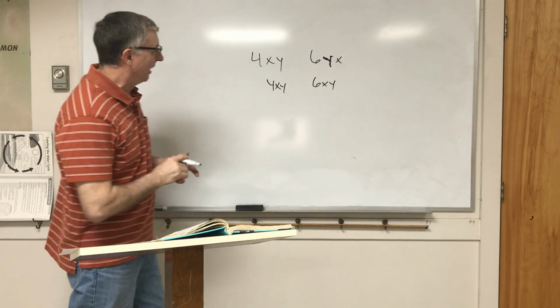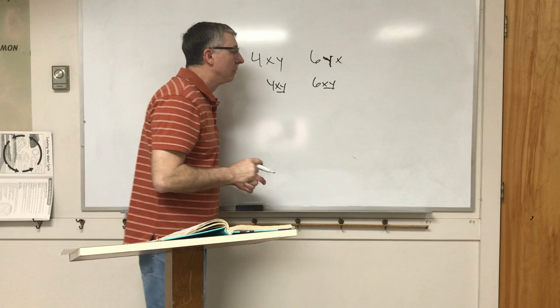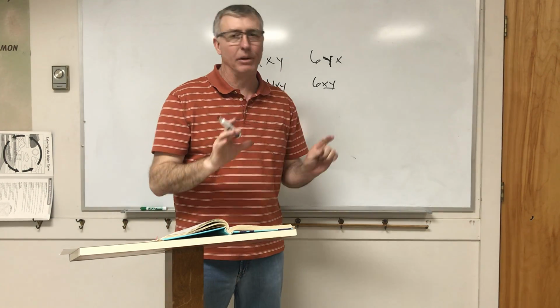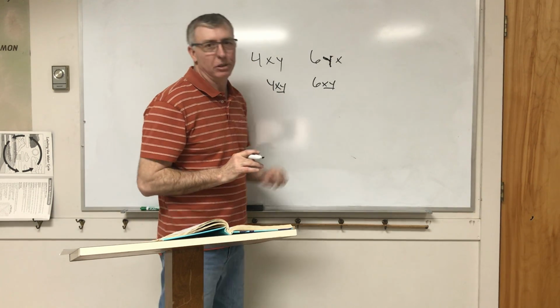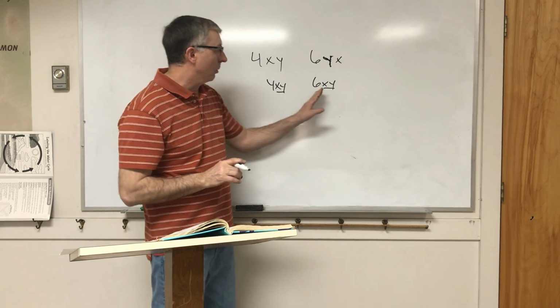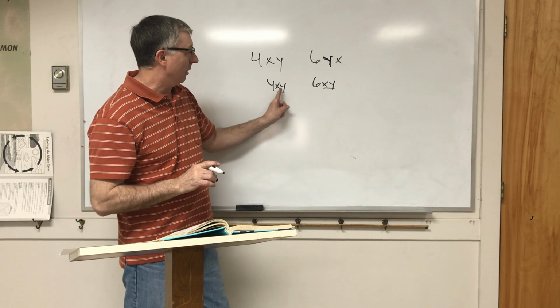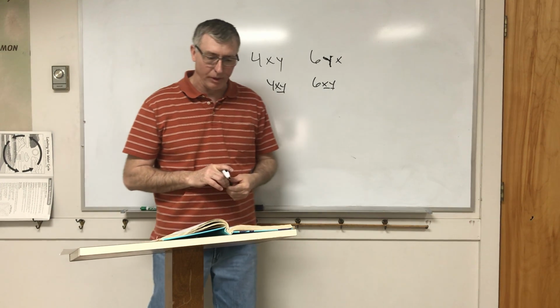And so if the letters are exactly the same, that means exponents, everything must be exactly the same, then we have like terms. And so these 2 terms here are like because the letters xy and xy are in both of them.